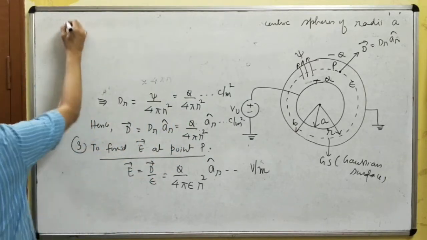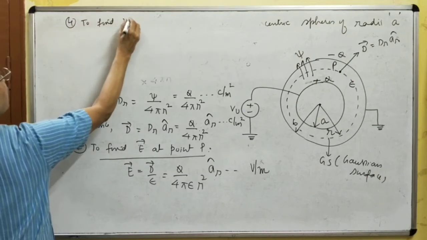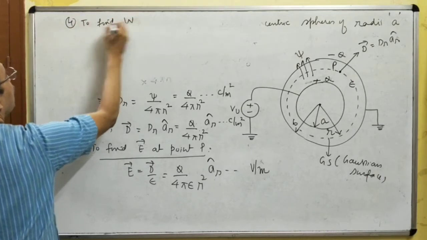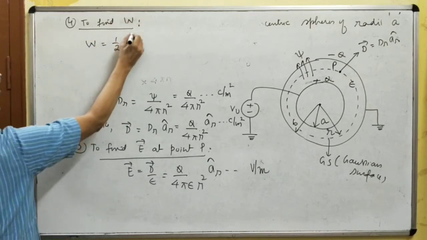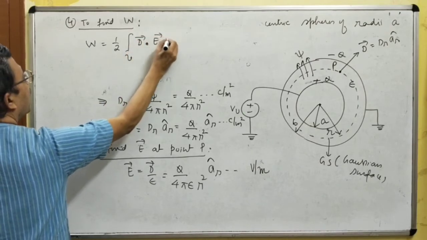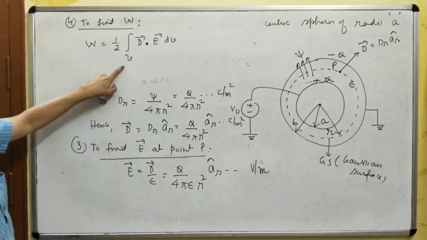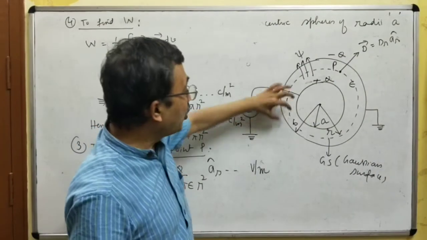Fourth step, to find energy stored. That means to find what is W. W stands for energy stored in the system. W is equal to half into volume integral vector D dot E dV. Here V is the volume that contains electric field. I again reiterate, electric field is present only in this region.